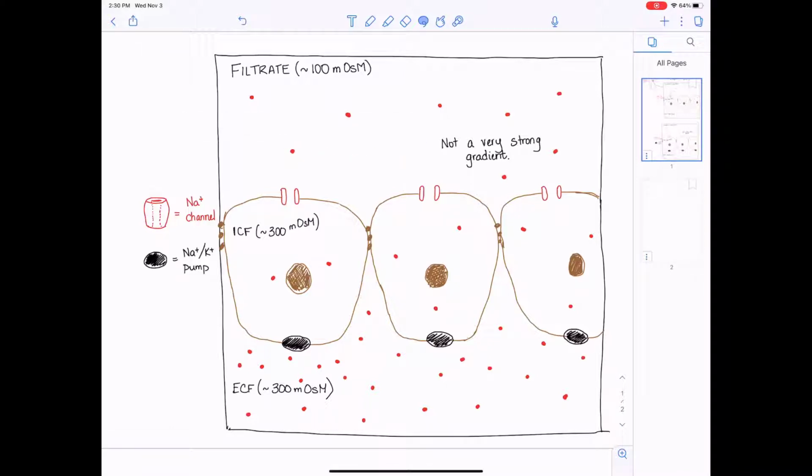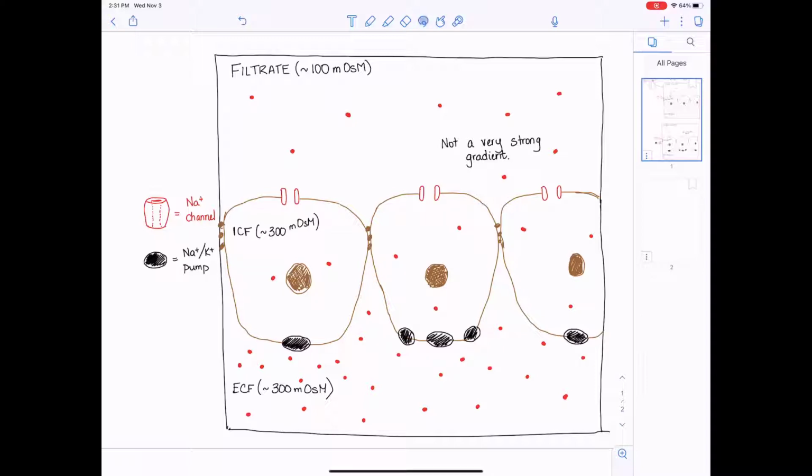So then it makes sense that the more sodium I kick out of the cell, the stronger the gradient will be. So how could I increase that gradient between the filtrate and the intracellular fluid? Well, one way that I could do it is by adding additional sodium-potassium pumps on the basolateral membrane.